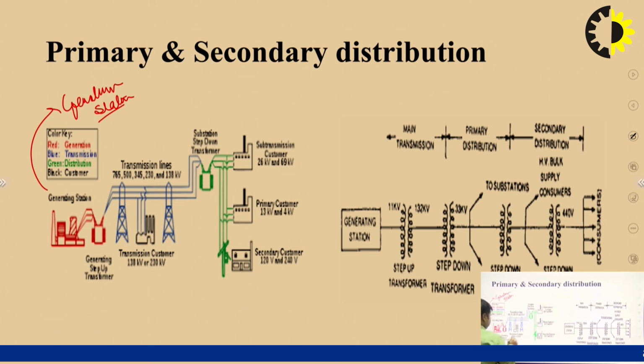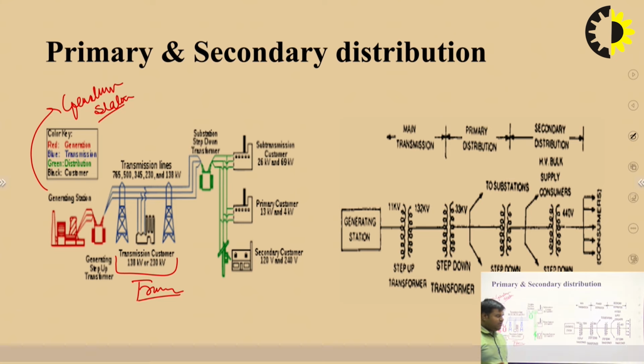And this is the transmission side, where the voltage ranges from 138 kV up to 230 kV depending upon the voltage level. And this is the substation part or consumer side.